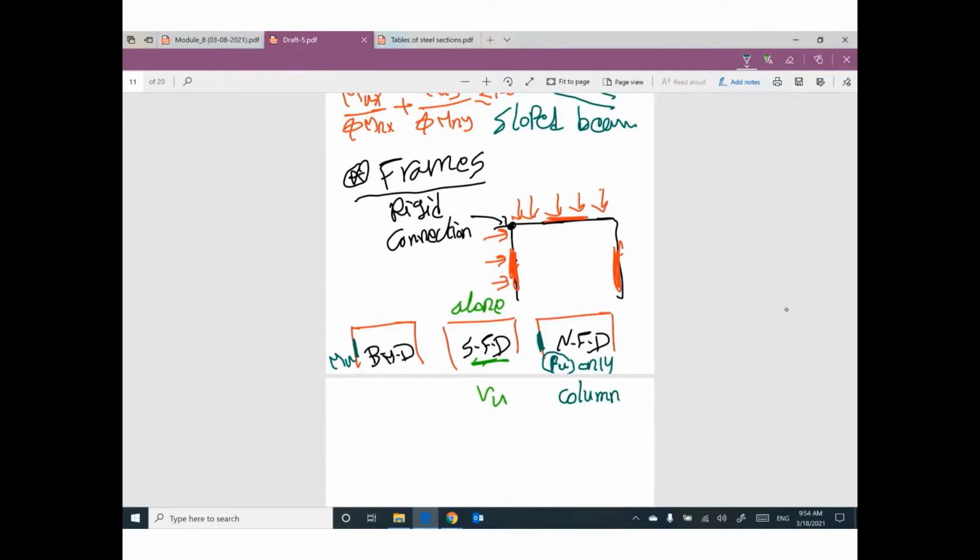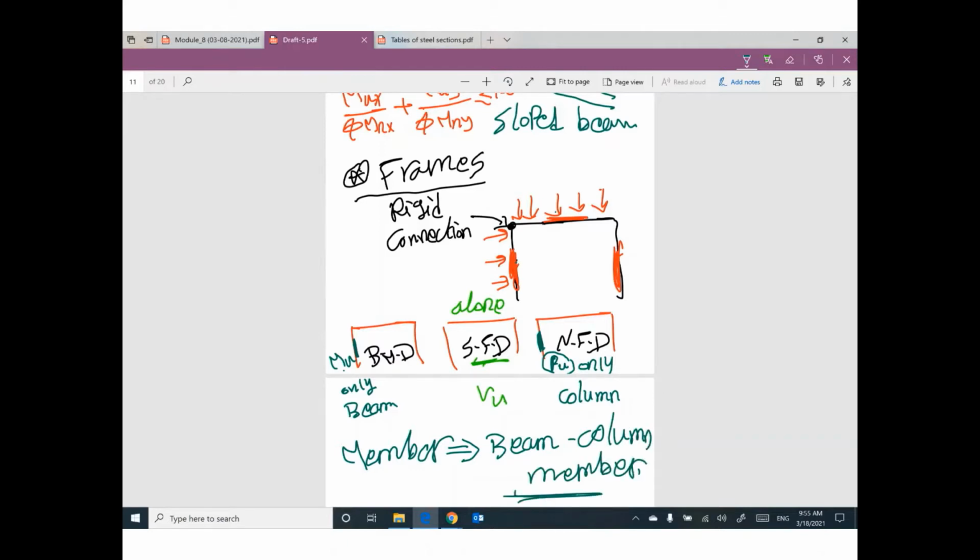If this member under the effect of M ultimate only, I can say it's a beam. But this member in this frame under the effect of these loads has both of them, P ultimate and M ultimate at the same time. So this member cannot be beam, cannot be column, but I can say this member is a beam column member.